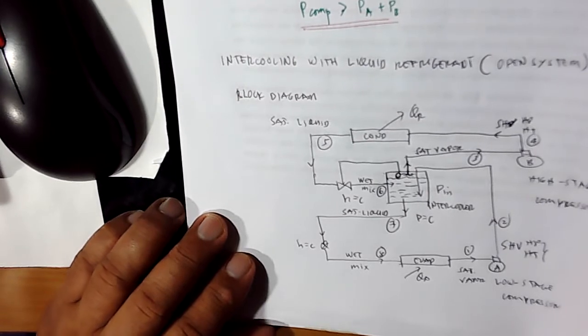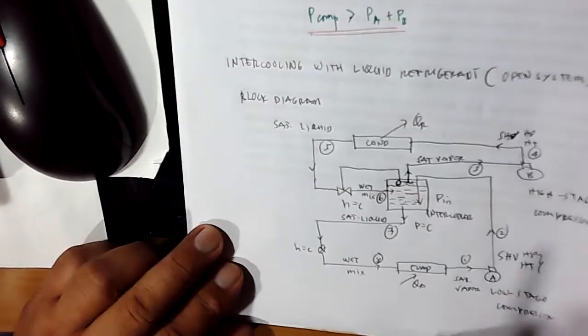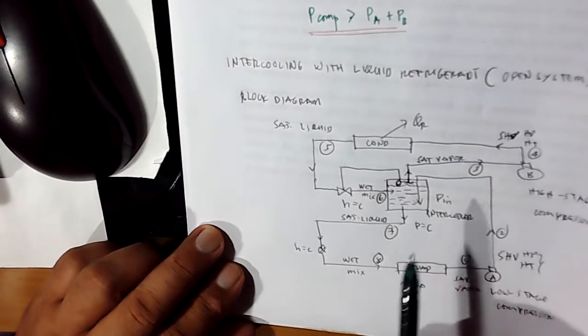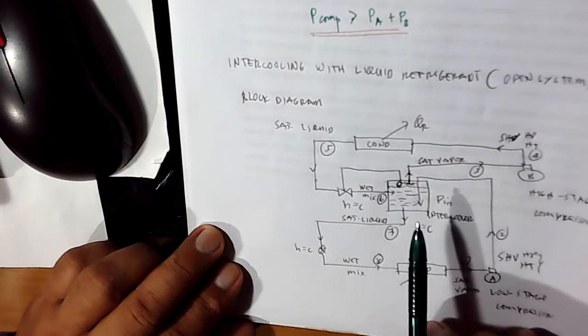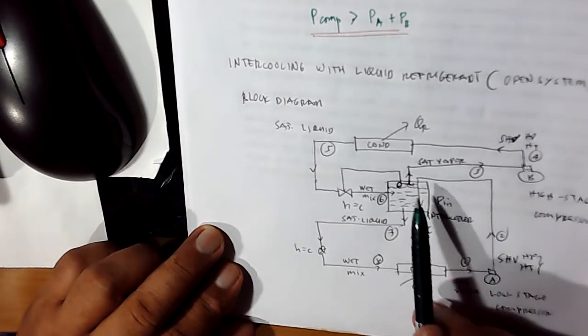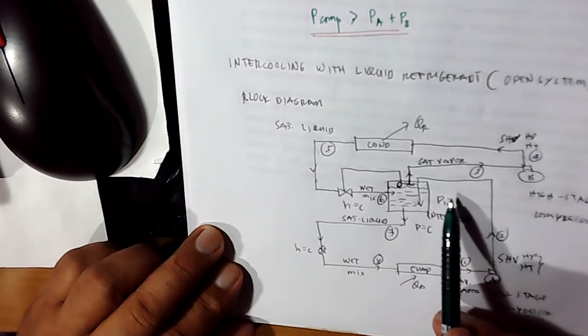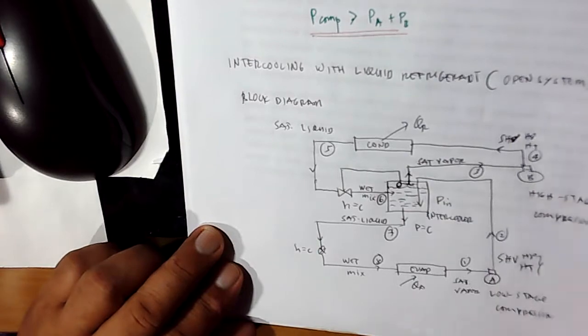Note that there will be no rejection of heat within this intercooler because it is considered adiabatically sealed. Adiabatically sealed means that there will be no heat going into the intercooler, neither heat going out of the system.